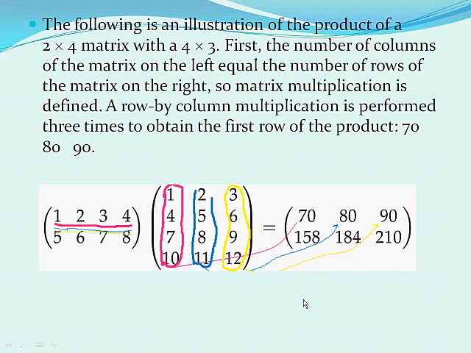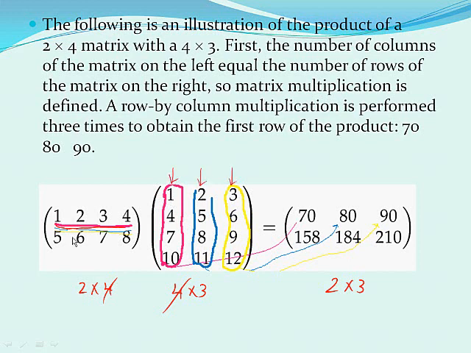Following is an illustration of the product of a 2 by 4 matrix with a 4 by 3 matrix. So the size is going to be 2 by 4 multiplied with a 4 by 3 matrix, getting size to be 2 by 3. That's what you are getting here, a 2 by 3 matrix, 2 rows and 3 columns. Let's see how we can calculate the entries. We take the first row and multiply with each one of the columns here.